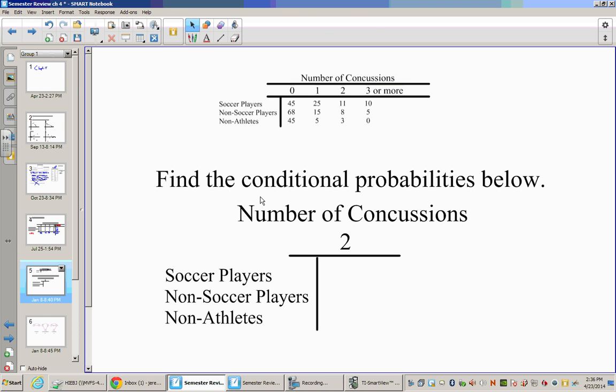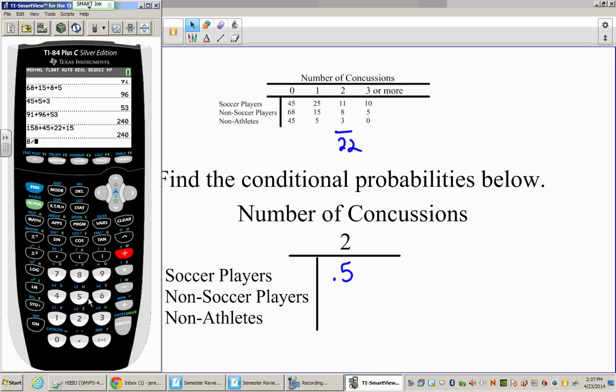Now find the conditional probabilities below. So if we know there's 2 concussions, what's the probability they're a soccer player, non-soccer player, or non-athlete? Well, out of this, we know that this is 22. So 11 out of 22 would be 0.5. 8 out of 22 is 0.36 repeating.